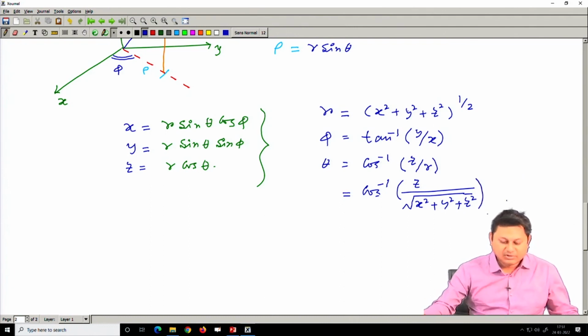So, this is the transformation from x, y, z to r, theta, phi in the spherical coordinate system.